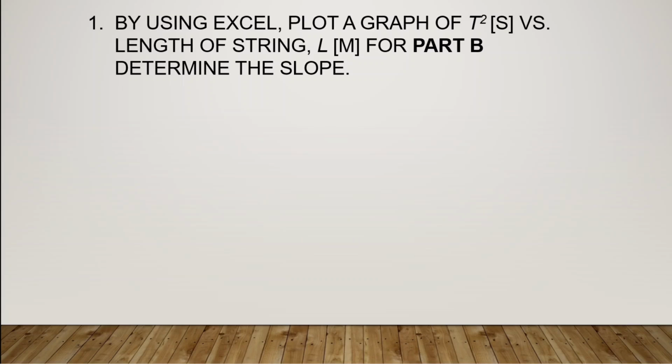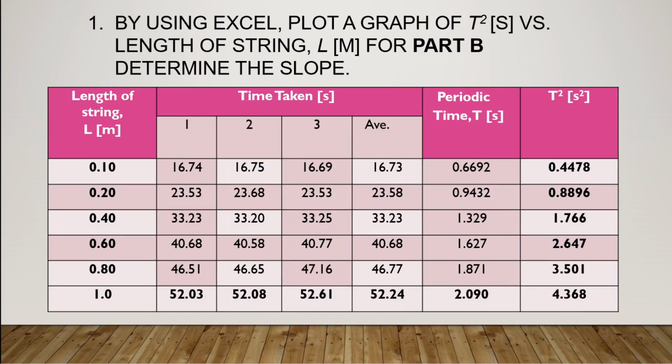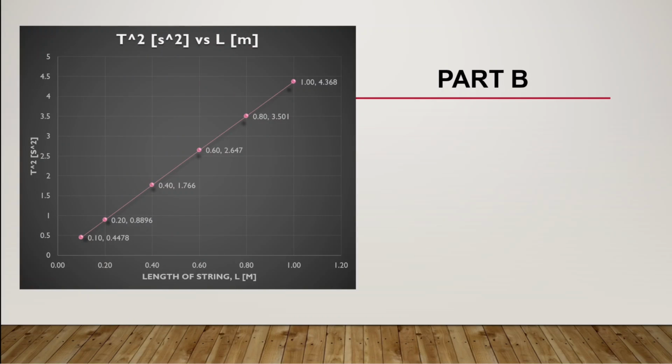For part B, plot a graph of T-square versus length of string L, then determine the slope. This is the table we did earlier. So we take these two columns, where the y-axis is T-square and the x-axis is length of string L. You will get a graph that looks like this.